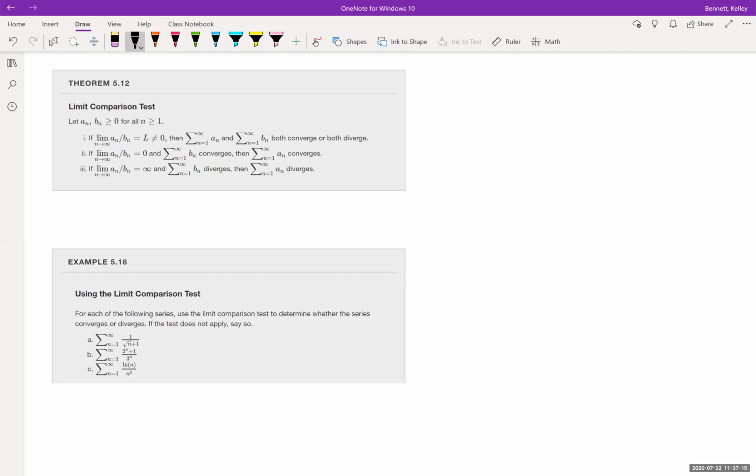So usually you're given a_n, and then you have to choose b_n. So if you stack a_n over b_n and take the limit, if that limit exists and is some finite number that's not 0, then they either both converge or both diverge.